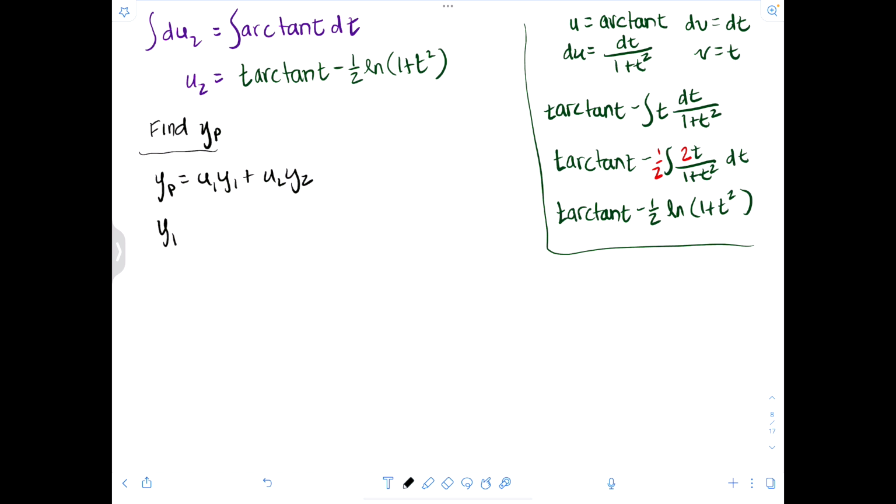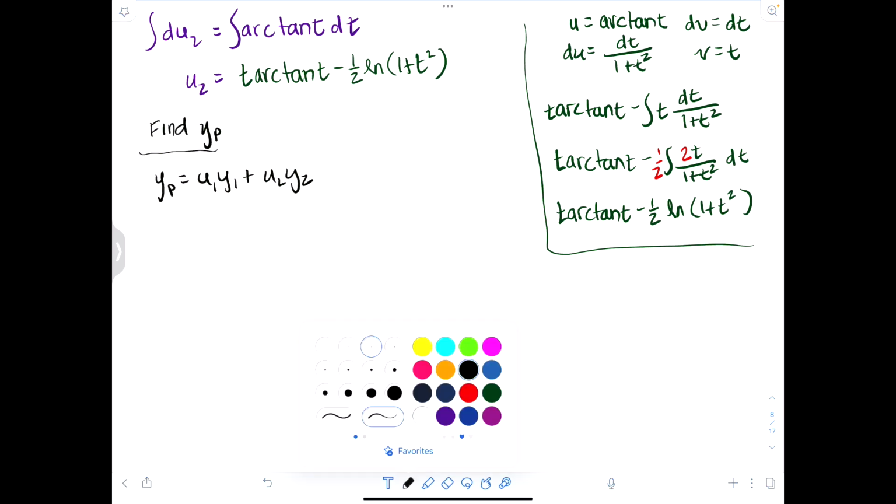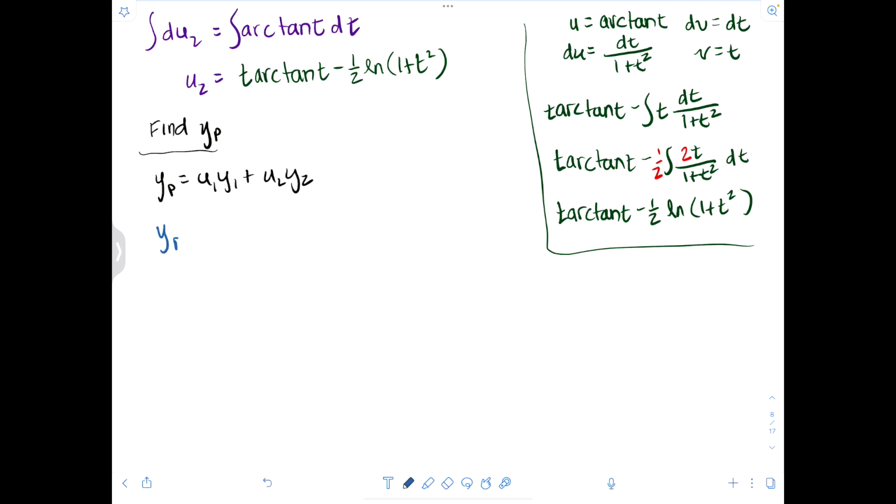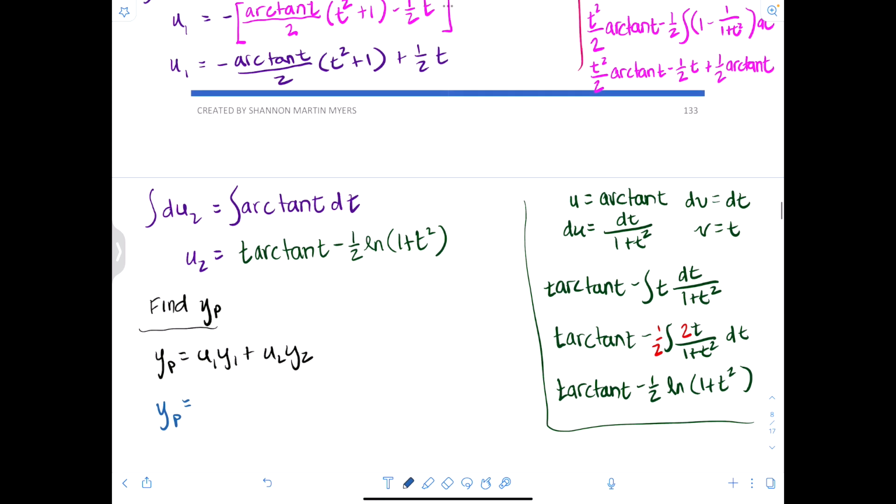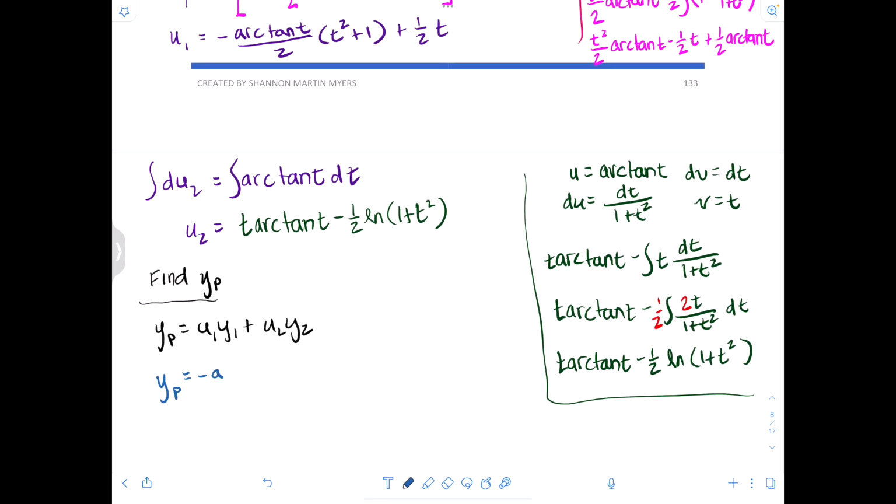So yp will be u1. So my u1 was negative arctangent at t over 2 times t squared plus 1 plus 1/2 t.